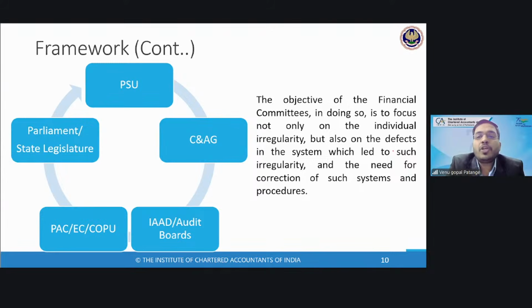So let us read the objective of financial committees. Clear? Yes.